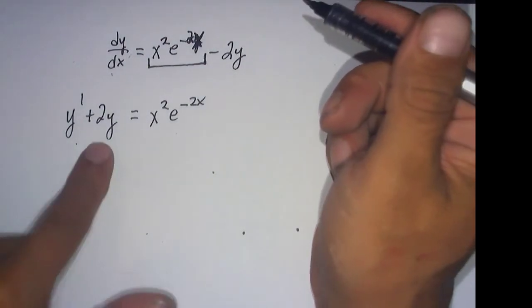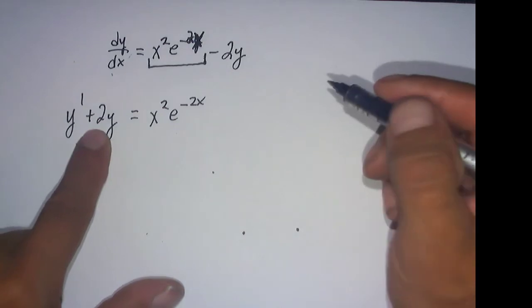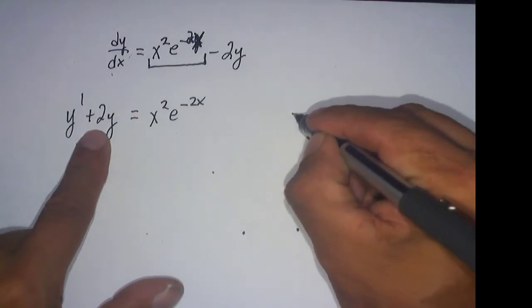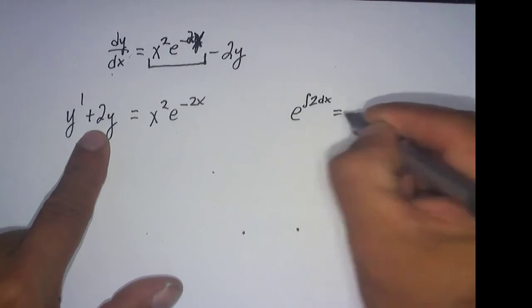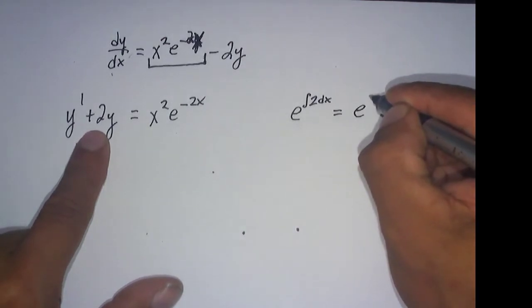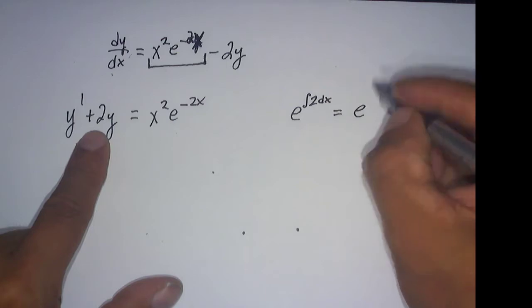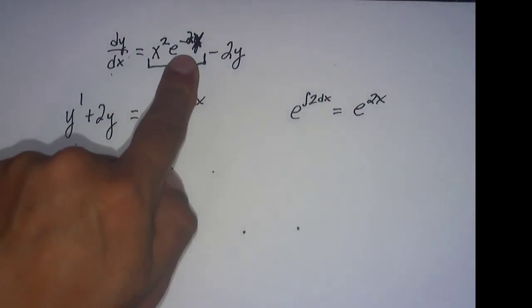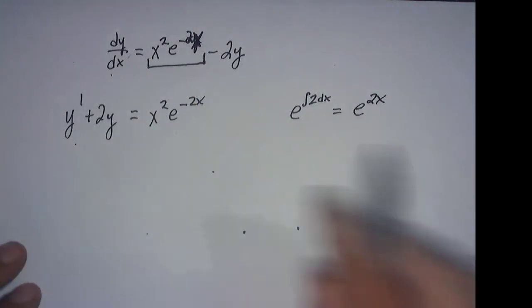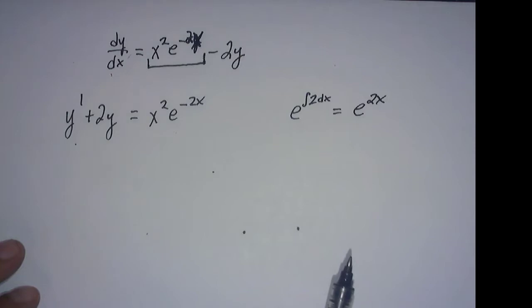Okay, so we're going to use this integrating factor. p of x is 2, so it's going to be e to the integral of 2 dx, and that is going to be e to the 2x. Oh, and look how that's going to magically cancel this out and make this side look pretty. See how that's going to work? So we multiply everything by e to the 2x.